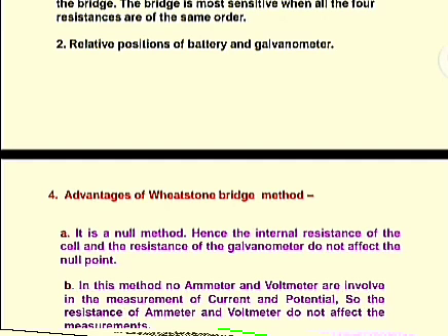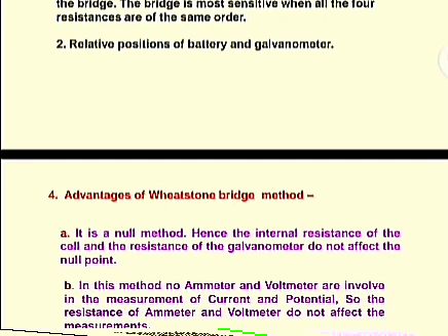Second, in this method, no ammeter and voltmeter are involved in the measurement of current and potential, so the resistance of the ammeter and voltmeter do not affect the measurement.